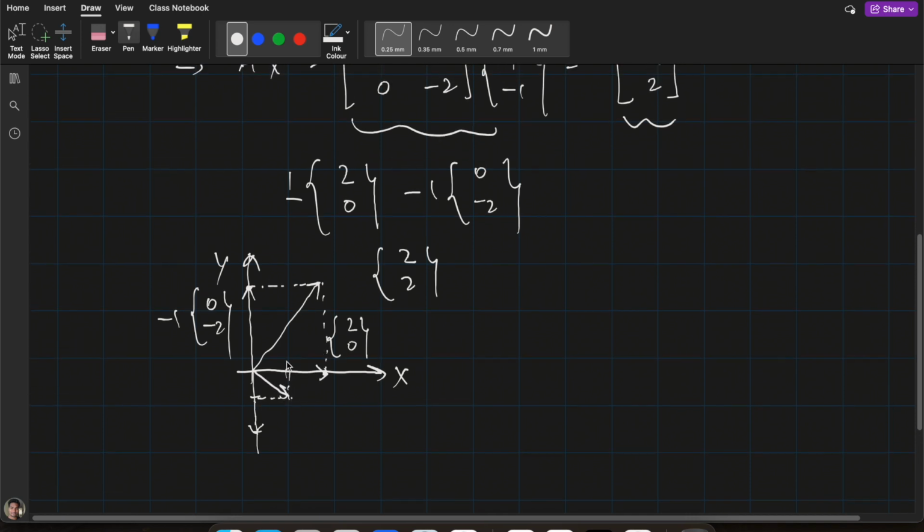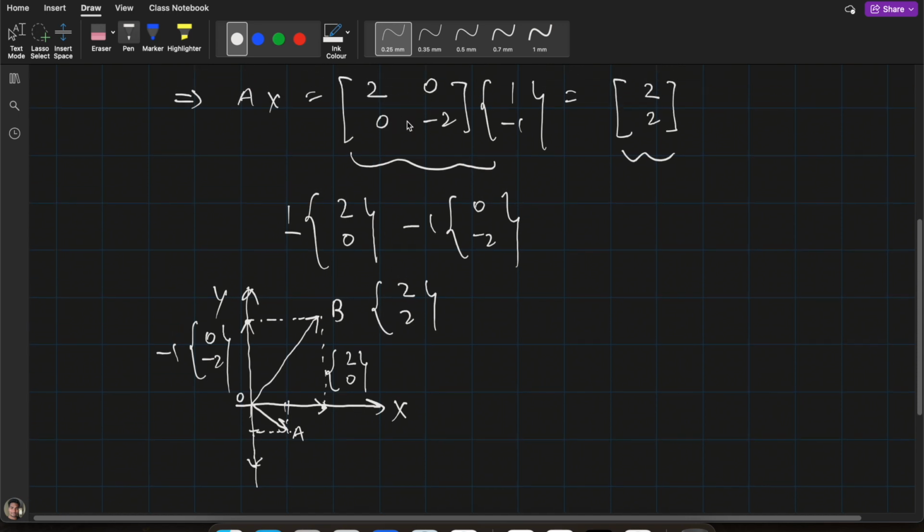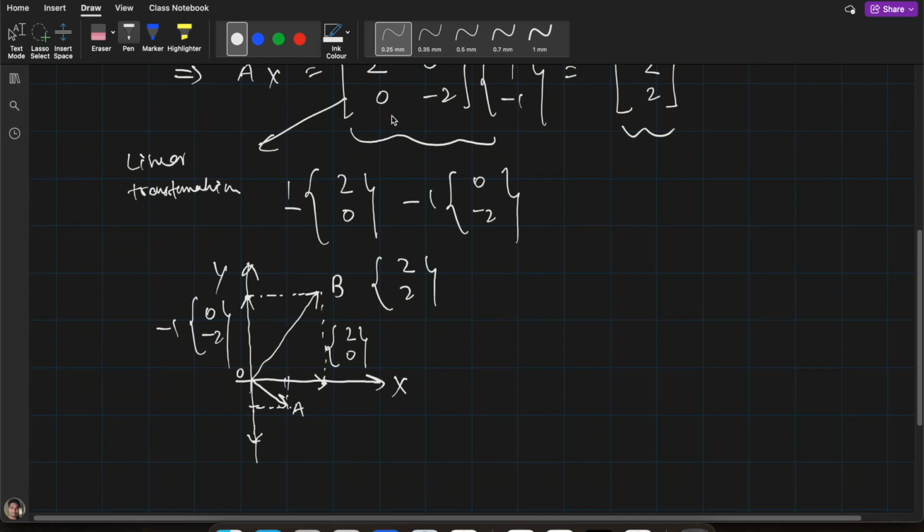You can see that the initial vector was this and the final vector becomes this, which means that this matrix is nothing but a kind of transformation matrix. It is a kind of linear transformation. After the linear transformation, the vector OA becomes OB.